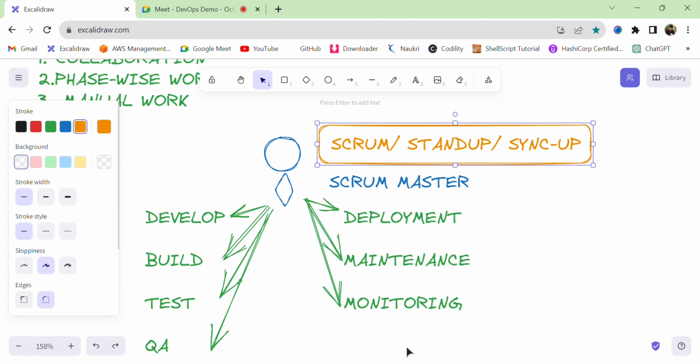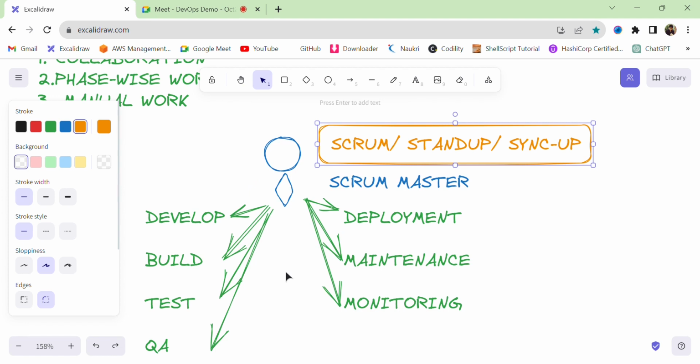They also call him a scrum leader. He is just a person who will be talking with each and every department, each and every person, and he will ask them two things: what have you done yesterday, and what are you planning to do today. So using this, the collaboration started happening.